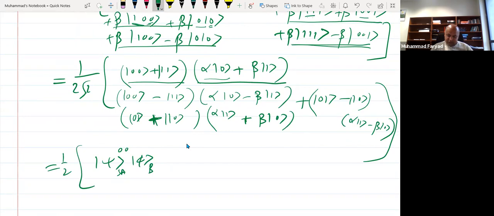This is 0, 0 minus 1, 1, which is psi 1, 0 state. And over here, this is alpha 0 minus beta 1. So this is as if the phi state has been operated on by a Z gate, because when Z applies to phi, it flips the phase of 1.